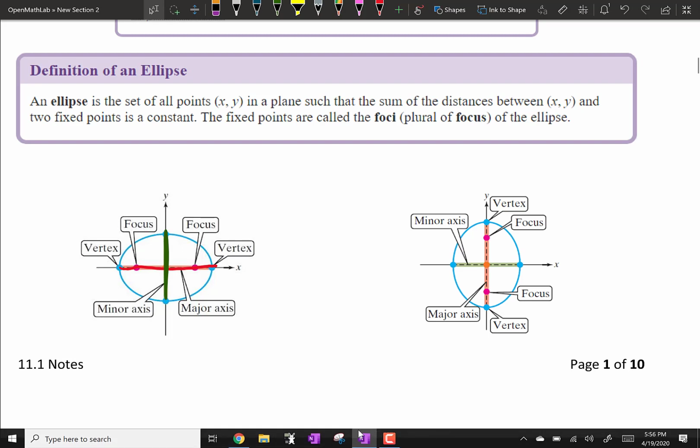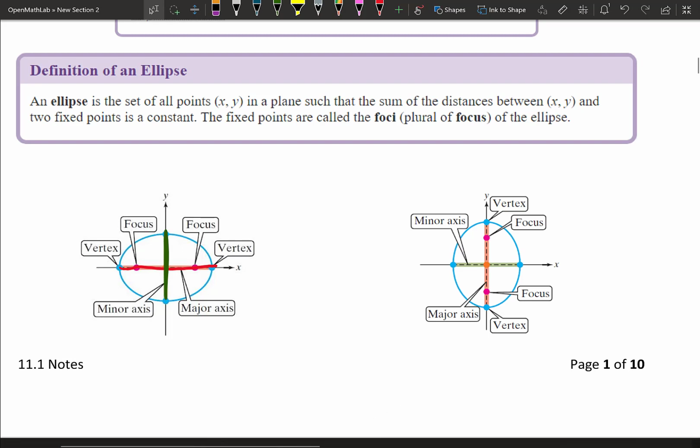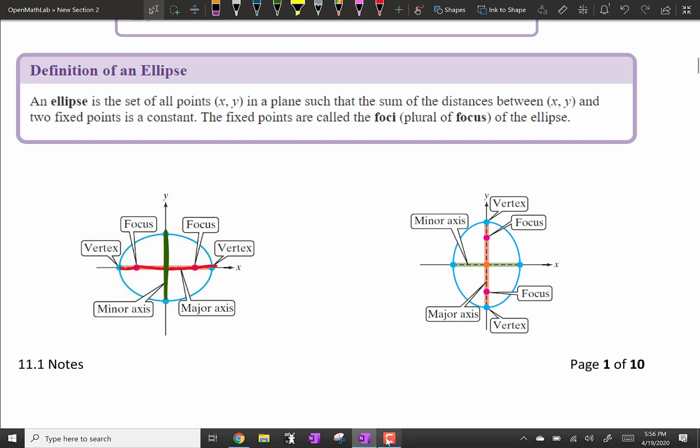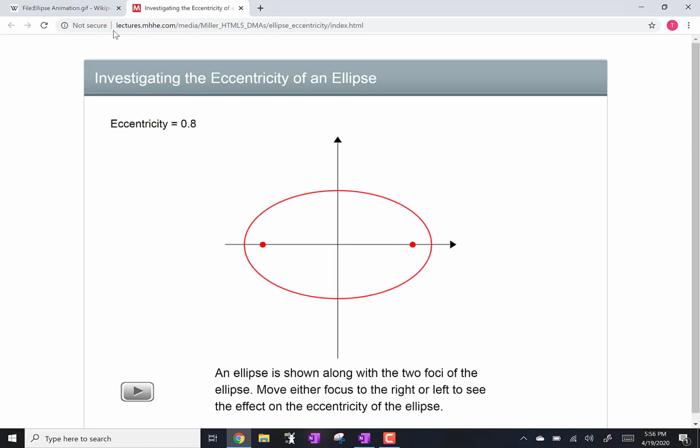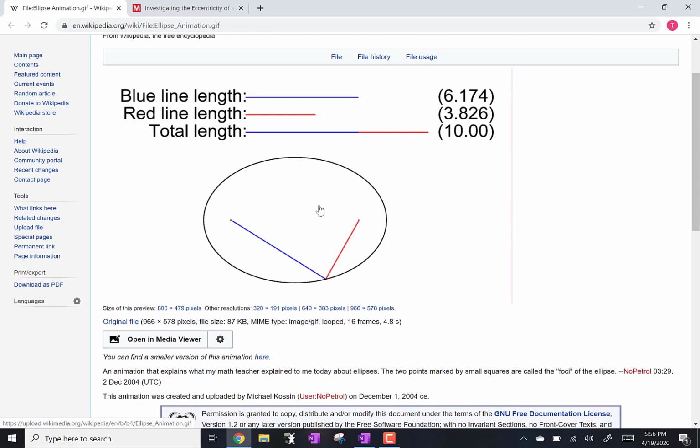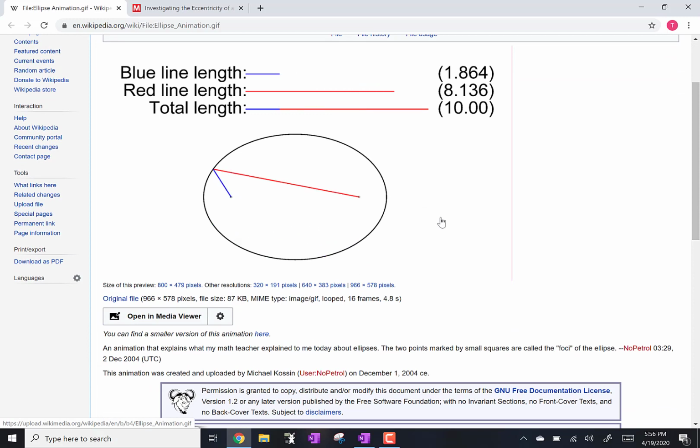So what I would like to do now is show you this animation I found, just to make more sense of this definition of what an ellipse is. So you can think about, we have this blue and red line. I don't think I can pause this, right? But the thing to get from this is, as the points move around, what you want to notice is the blue line plus the red line remain constant.